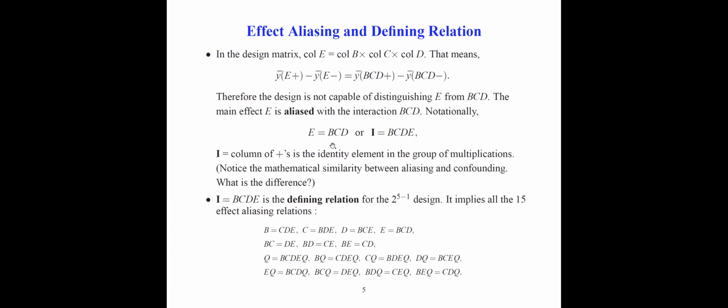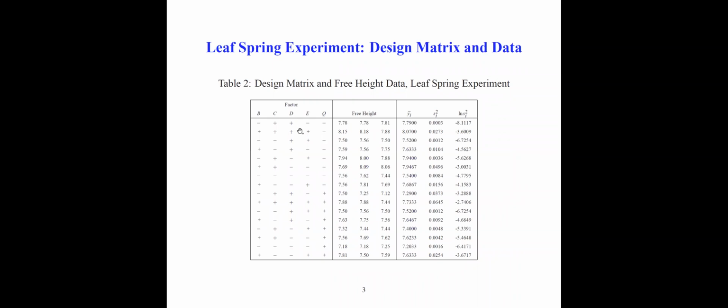So let's have a look at the design matrix. Let's go back. E equals BCD, right? If you look at B, C, D, Q, did you find any pattern? B, C, D, Q are actually a 2^4 full factorial design. And then you have an additional factor here.